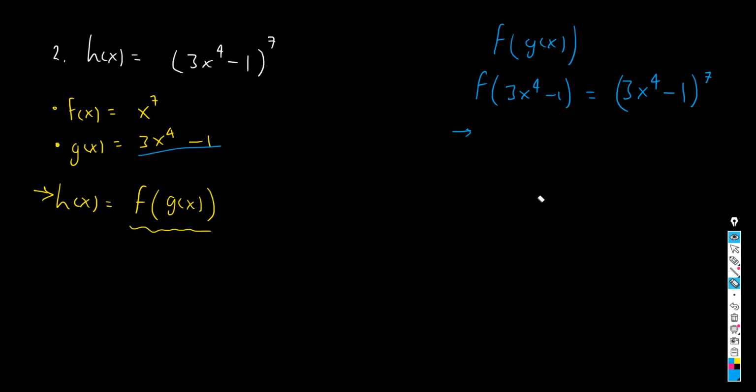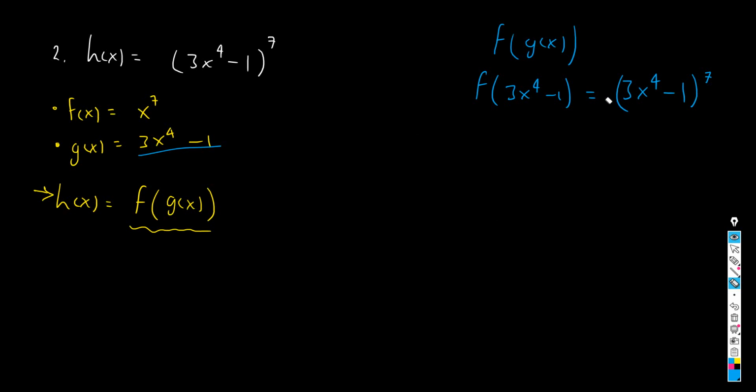Let me erase this. Make any pause whenever you feel like to, and understand what I'm saying. f evaluated in this will be equal to that same number raised to the 7, right? Because of what f is.